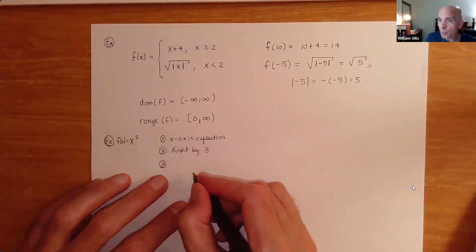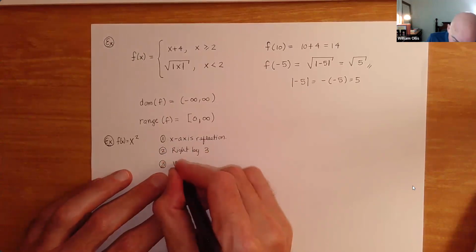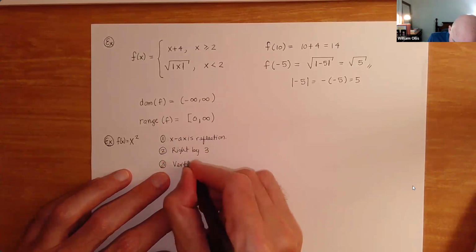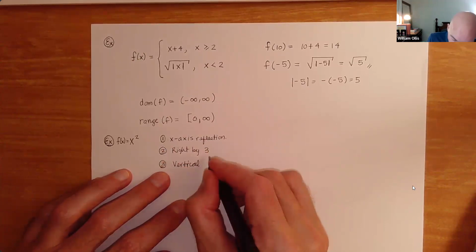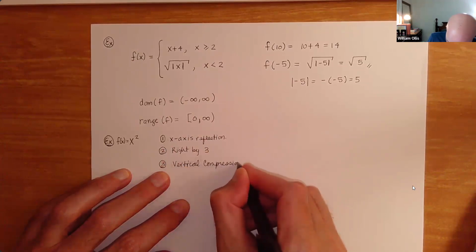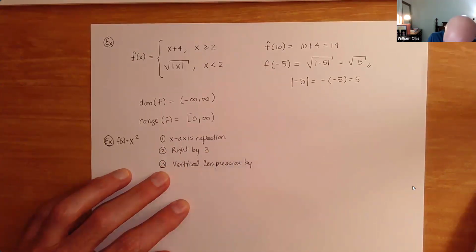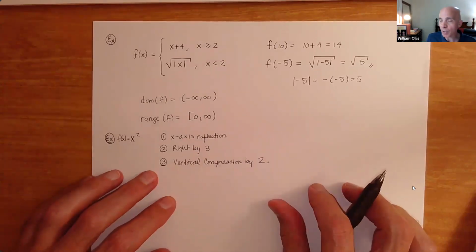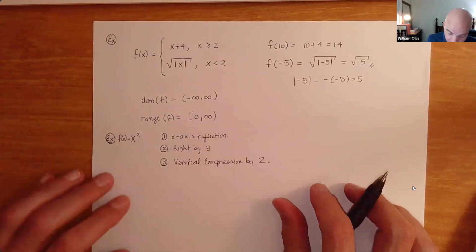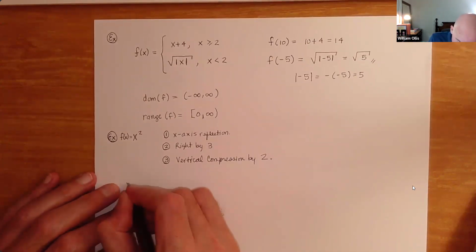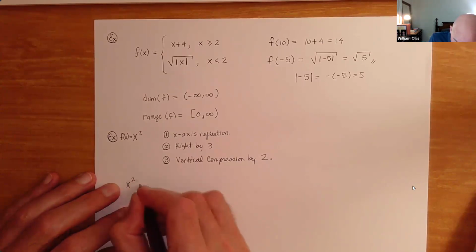And then the last one we can do is vertical compression by 2. So that means we're going to have to multiply by 1/2. We want to vertically compress by 2. So we're going to make things twice as small. So we'll do little arrows to indicate the transformation.